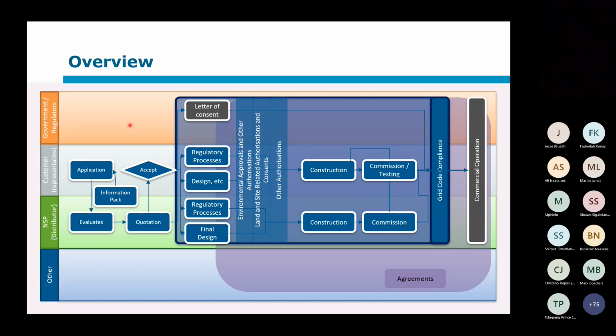There can be agreements with government, for instance, a REAP program. So there's a whole host, and that's why it's included here, spanning all of these swim lanes. And you can see this also starts before the design can be finalized, that these have to be at least agreed on.